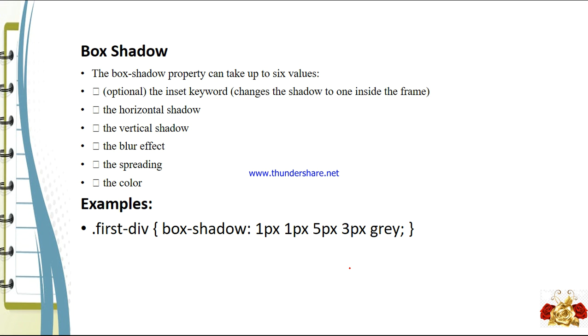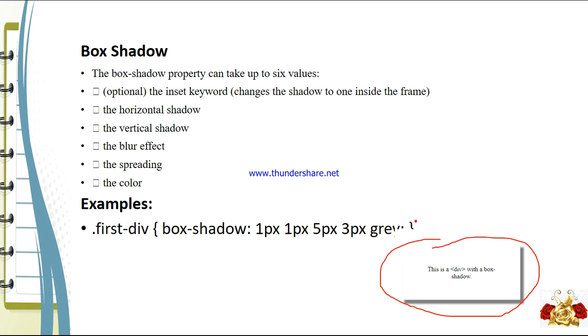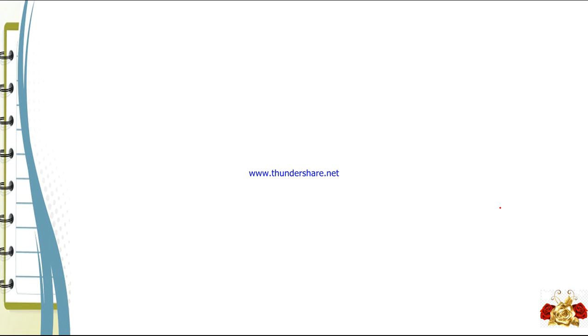For example, a div with box shadow 1px 1px 5px 3px 3px. So this is the output. The shadow is an approximation.